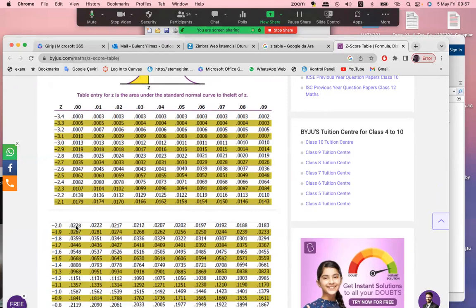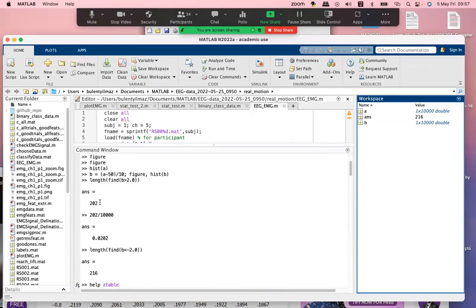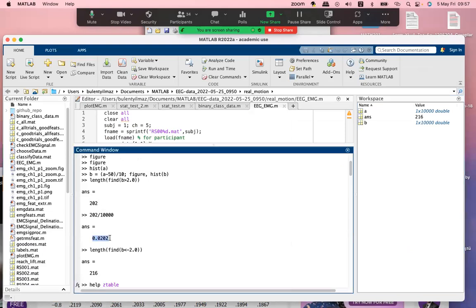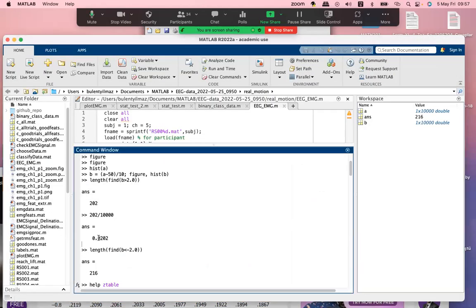It was 0.0202. Okay, this is what we found as the probability using just the data points that we had. And here is the Z table. What it says is 0.0228. We found 0.0202. Okay, it's almost the same thing.